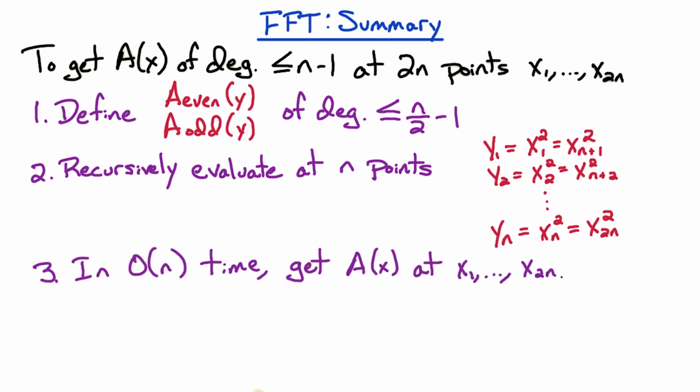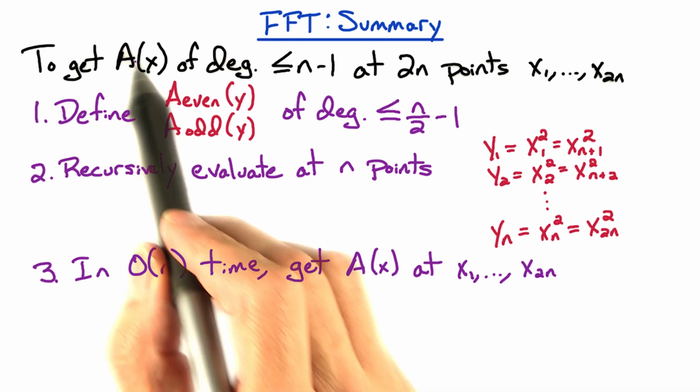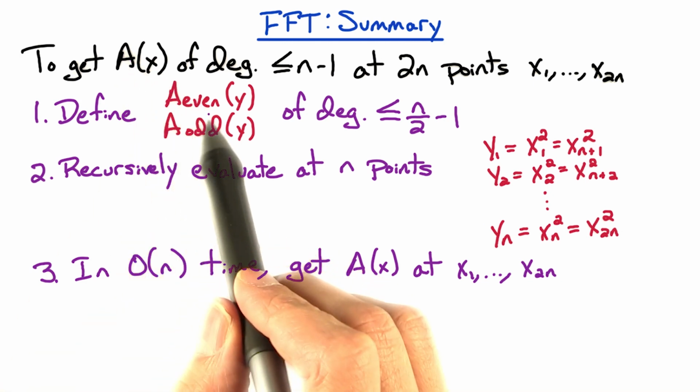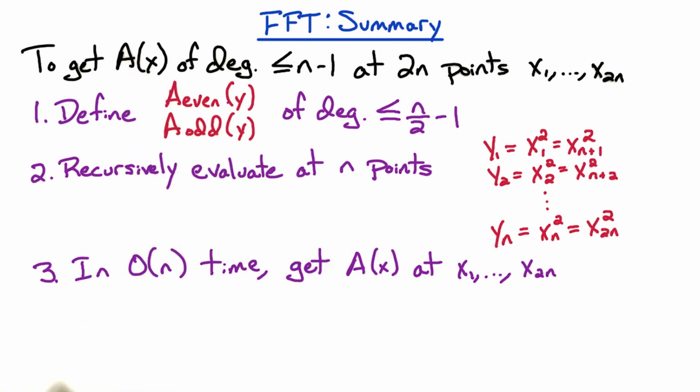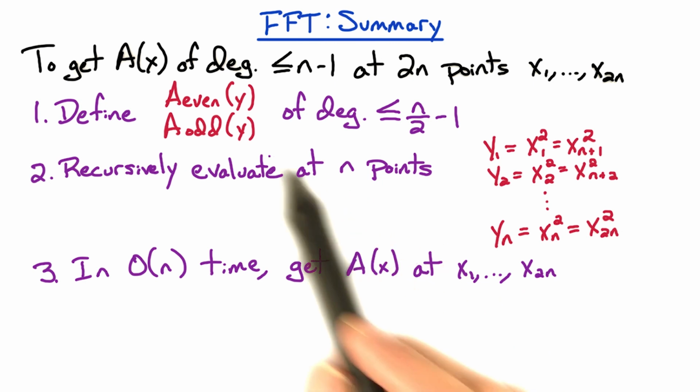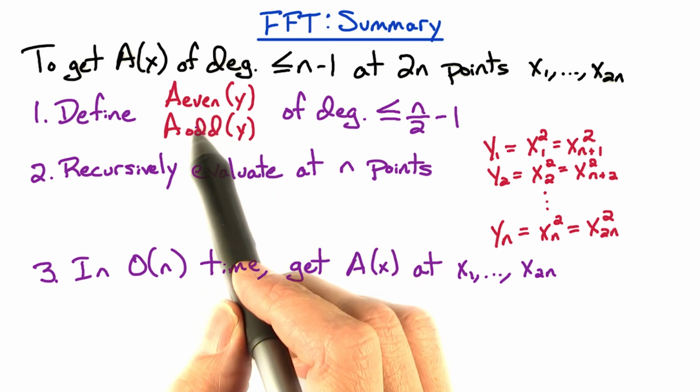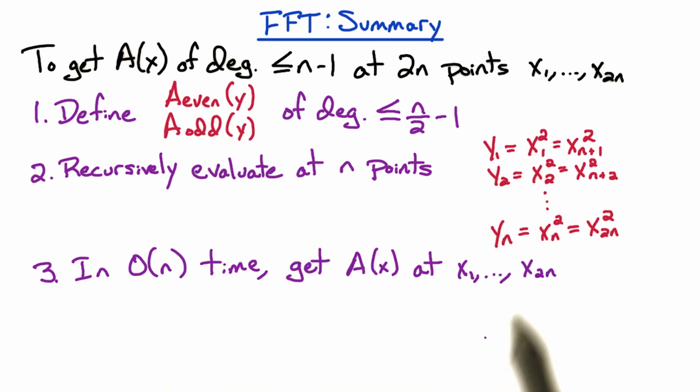In particular, in order one time per point, we can evaluate this polynomial a of x at that point, using a even and a odd at the square of that point. So in order n total time, we can get this polynomial a of x at these 2n endpoints using a even and a odd at these n endpoints, which are the squares of these 2n endpoints.